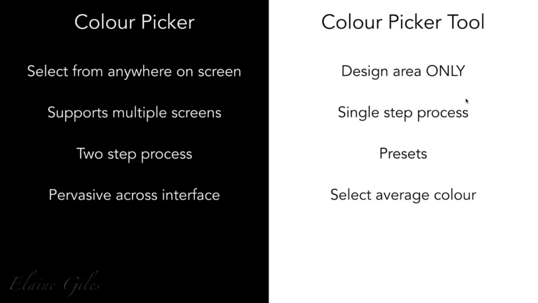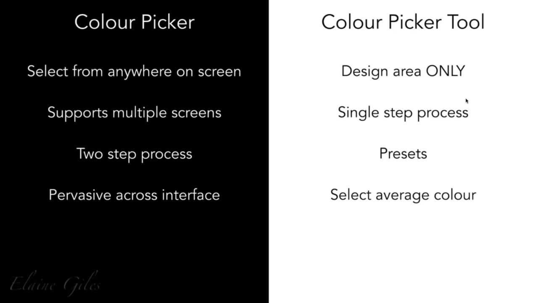But you will find that interface across all of the dialog boxes that support colour. The colour picker tool only allows you to pick from your working area, your canvas area, or your design area, however you want to describe it. But it's faster if you tick the box because it will do a single step process. It also has presets in terms of the selection area, and that allows you to select average colours, which the general colour picker does not.